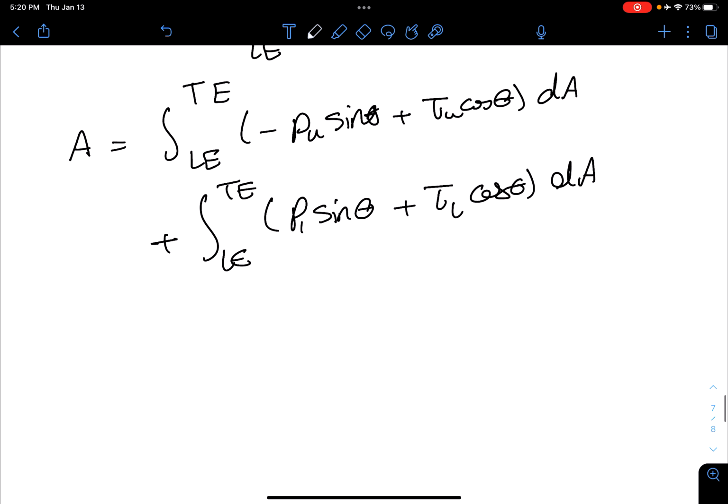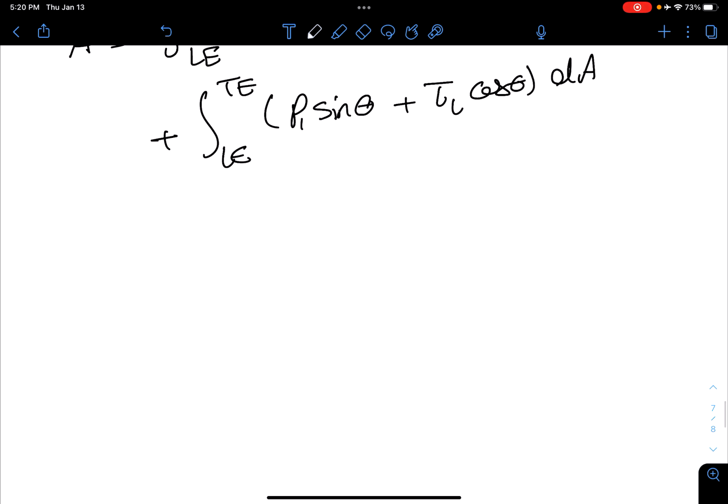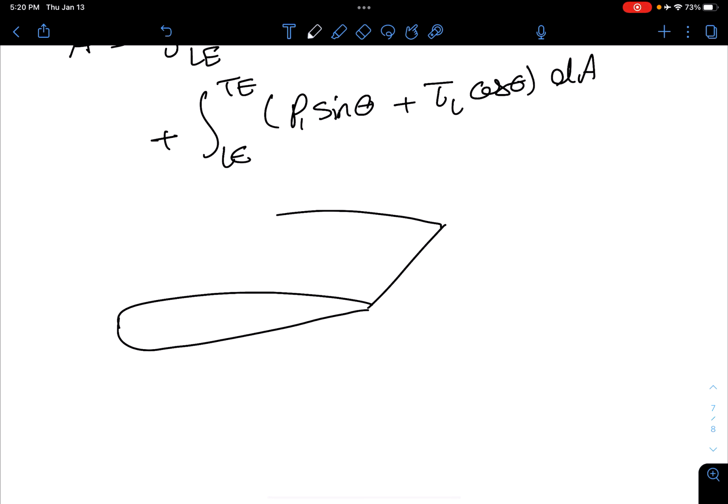So, element of area. You have to keep in mind that this is talking about a wing, a three-dimensional wing, not an airfoil. An airfoil is a two-dimensional thing, right? And dA is a small element of area here. But if we are dealing with an airfoil, we are going to assume a unit depth for the imaginary wing.